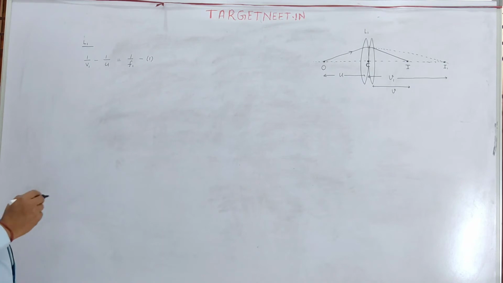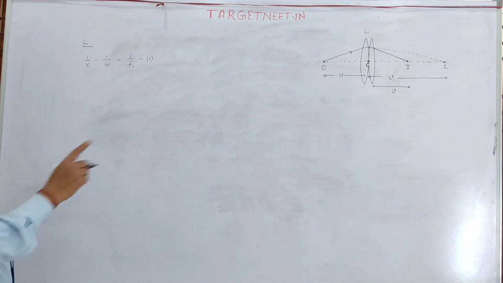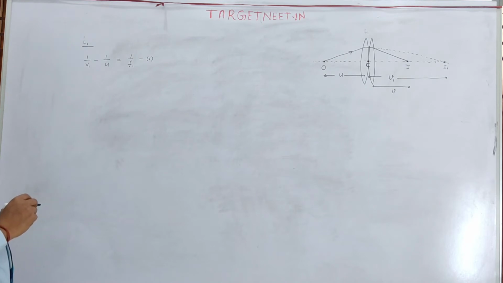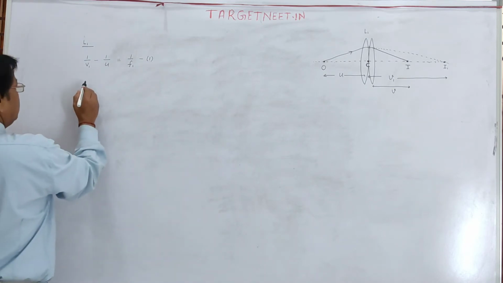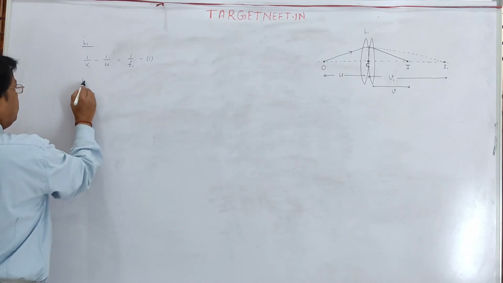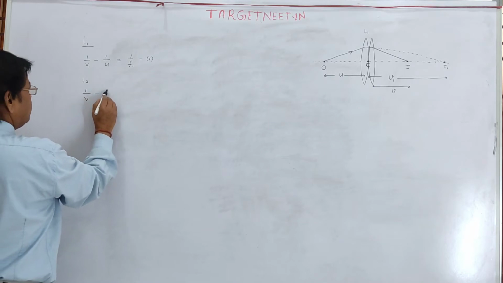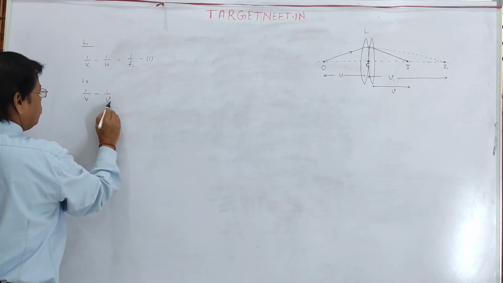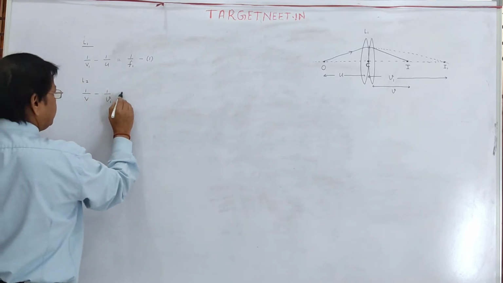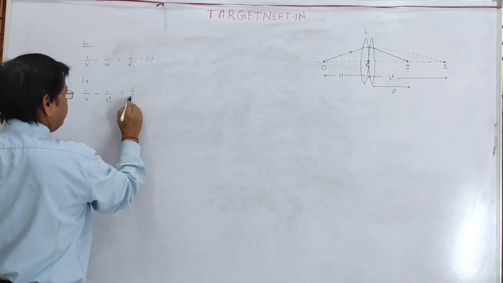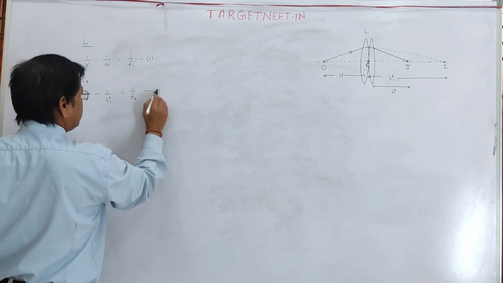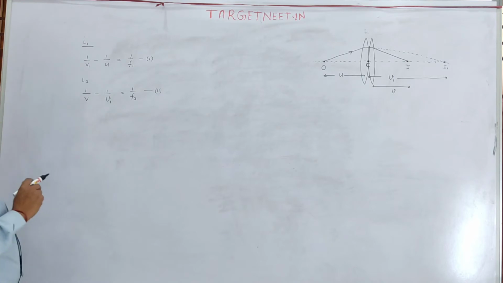Now for the second lens, I1 is the object, so V1 is the object distance, and I is the image, so V is the image distance. So for the second lens, L2, 1 upon V minus 1 upon V1, this is the object distance for the second lens, is equal to 1 upon F2. So this is the equation for the second lens.